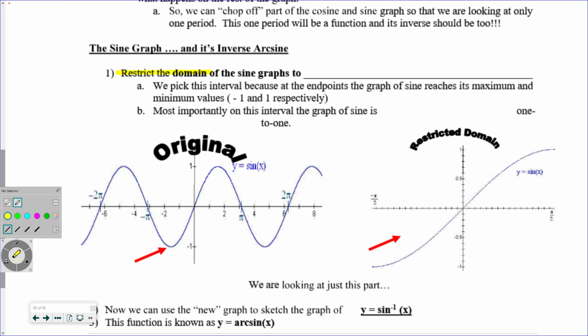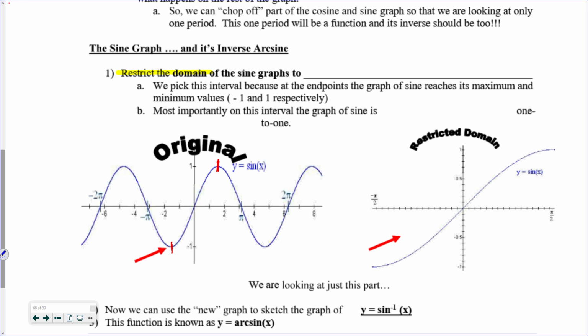Which means I'm going to trim my graph down, and I'm going to go from right about right here to about right there. And why pick those points? Because we're going to capture from -1 at the bottom all the way to the top at 1, and that section will do that without repeating. That's the first section to do so.